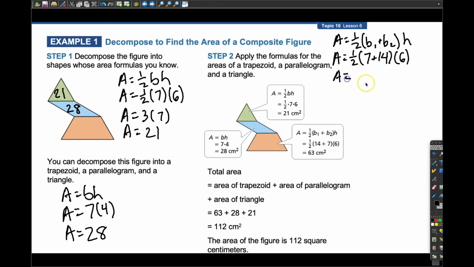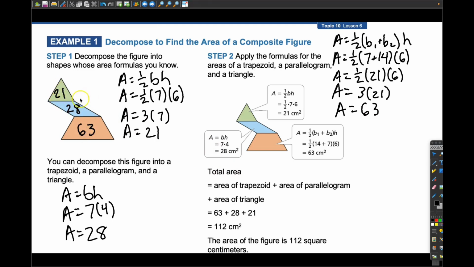Okay? 1/2, and then 7 plus 14 is 21, and then 6. I'm going to take half of 6. A equals 1/2 of 6 is 3 times 21. Now, A equals 3 times 21, 63. Boom. So we get 63 here.